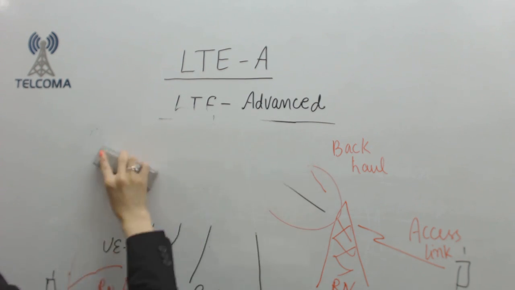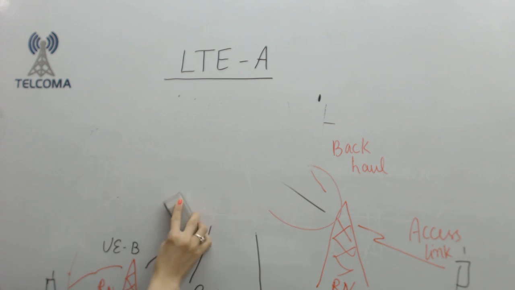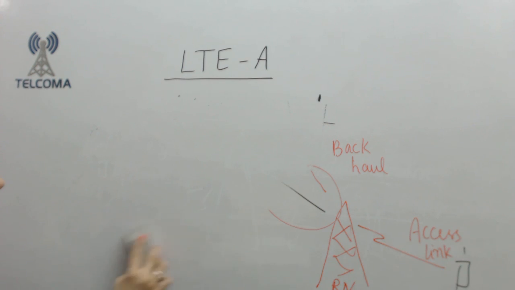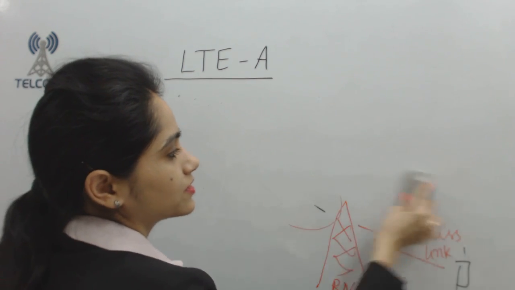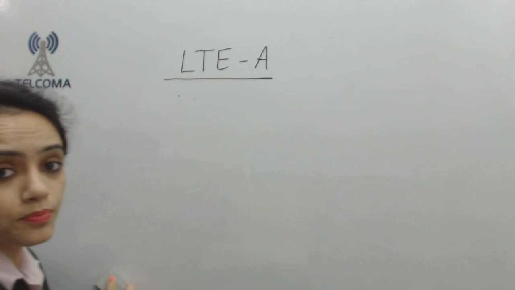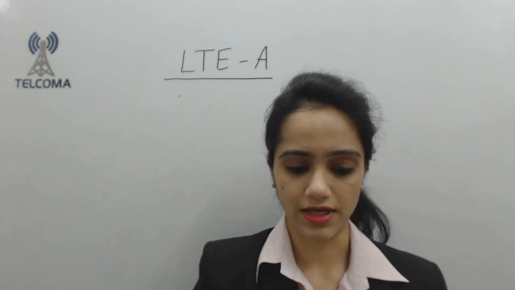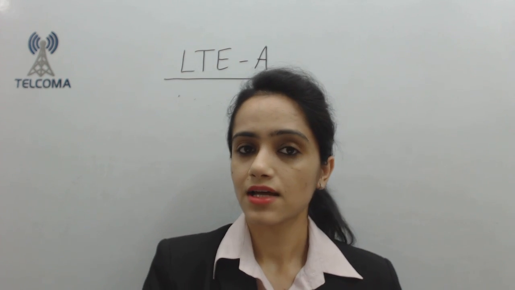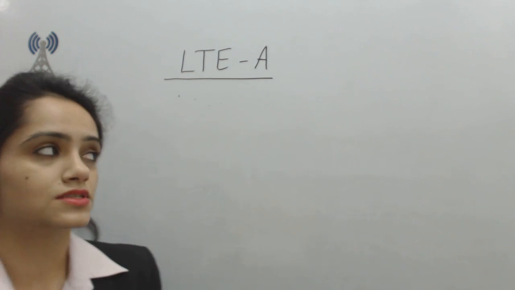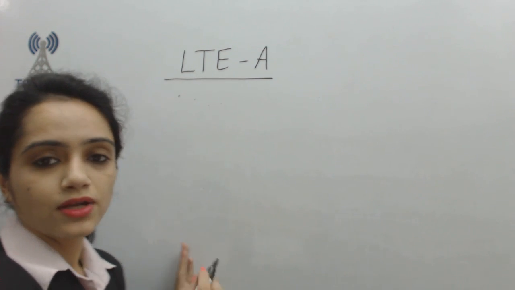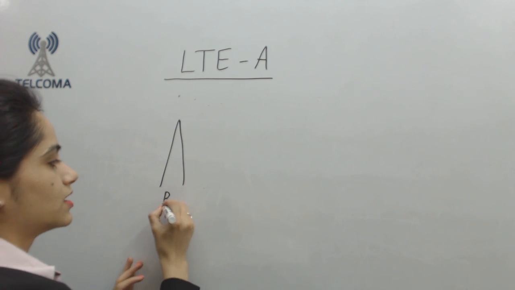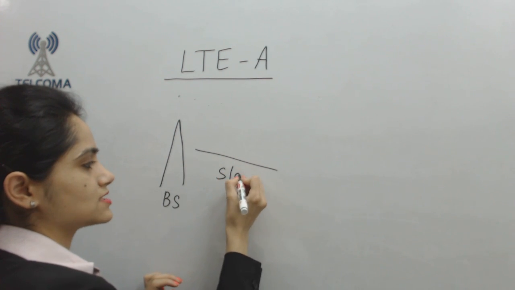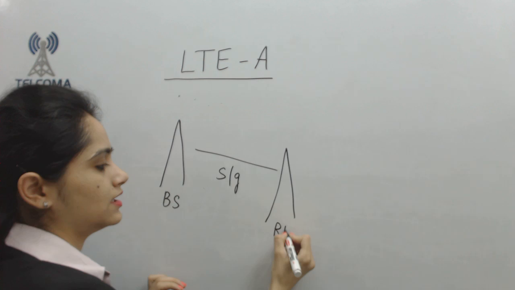One of the biggest problems in LTE is that performance at the cell edge is very poor, even poorer as compared to CDMA and WCDMA cells. So it is not as good as those cells. We require to improve it with the help of relay nodes in the system, which is a feature of LTE Advanced. If this is my base station sending a signal, here in between I have a relay node.